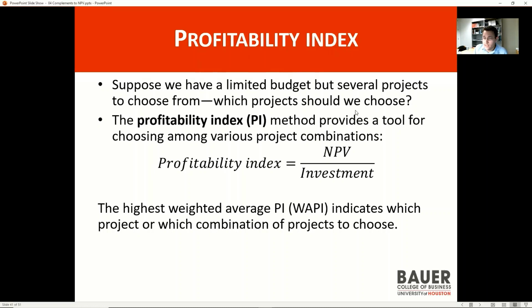With the profitability index, you have a fixed investment budget, and you can't go beyond that. And so what do you want to do? You want to maximize the amount of NPV subject to this constraint. Okay? So you're dividing NPV by your investment. You want to try to maximize this ratio.